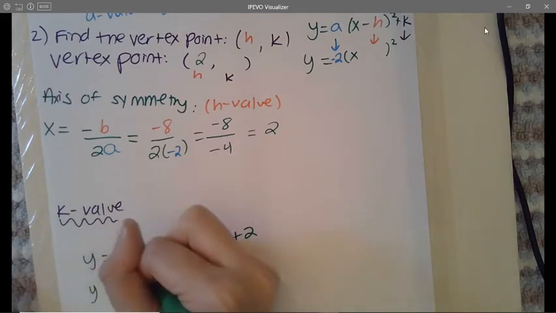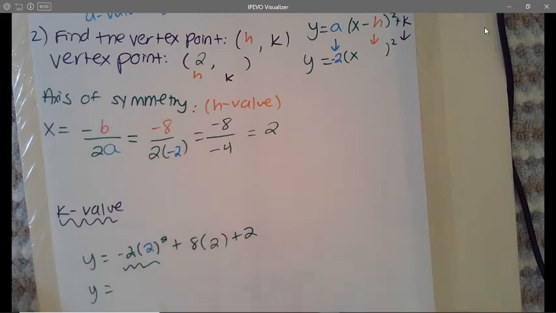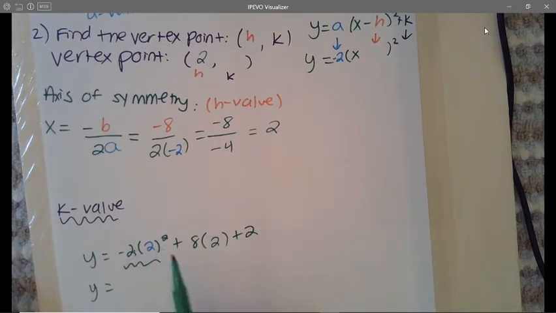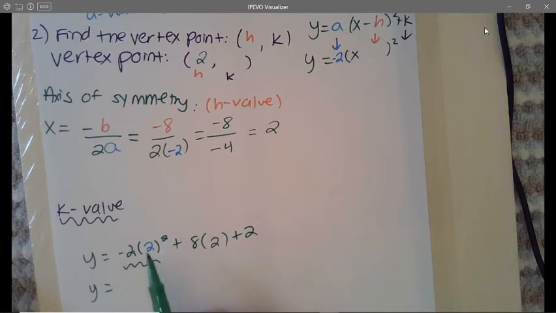Let's solve this thing for y. Don't forget, the -2 and the 2 squared are secretly multiplying. Do you do exponents first or multiplication first? Am I going to do -2 times 2 and square that, or am I going to do 2 squared and then times the -2? Well, you have to do exponents first in order of operations. So I'm going to square the 2 first, then multiply it by -2.